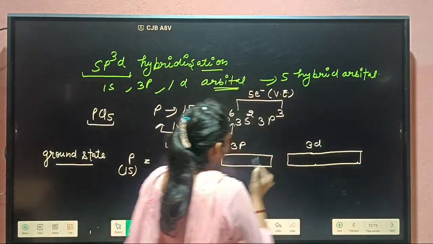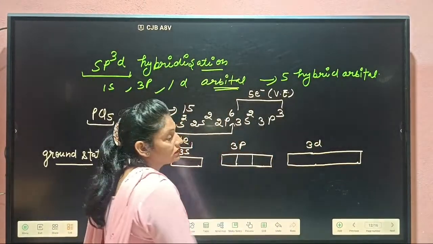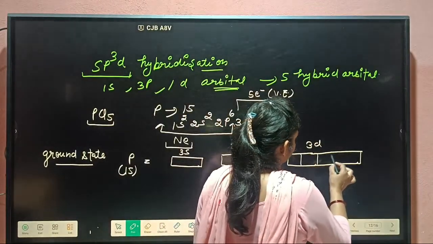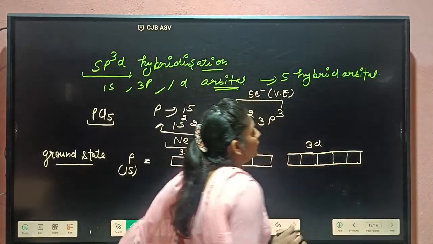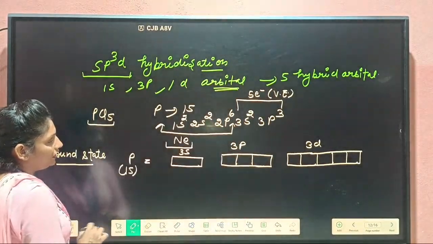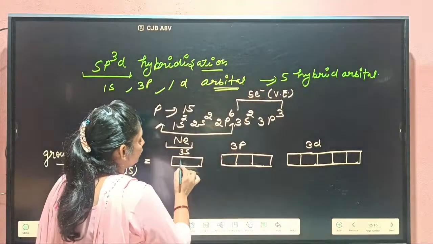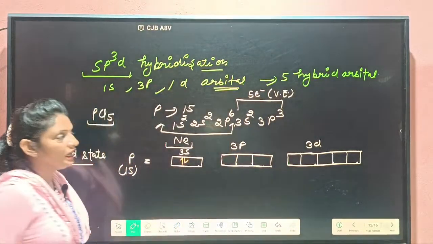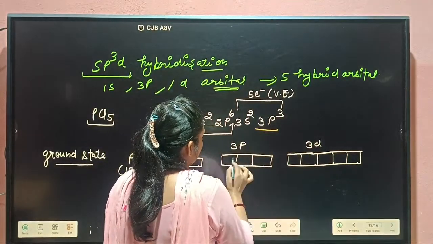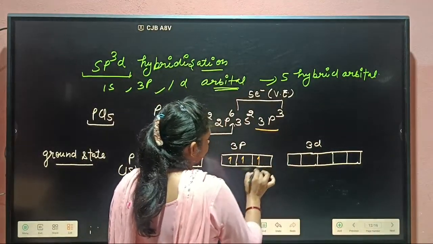You know very well, in p there are 3 orbitals, in d there are 5. Students, in the ground state there are 2 electrons in 3s and 3 electrons in 3p.